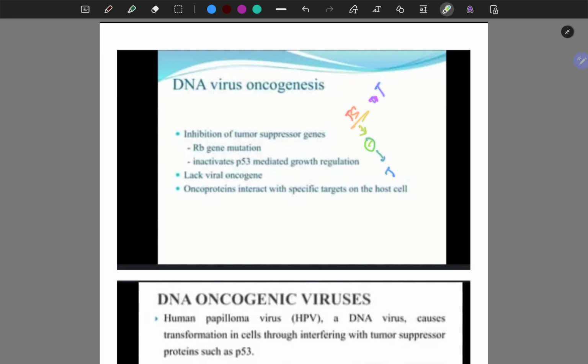If oncogene activation occurs, now tumor formation happens. So that's how inhibition of the tumor suppressor genes, which are the RB gene and p53 gene, and the viral oncogene, oncogene activation leads to tumor formation. Oncoproteins interact with specific targets on the host cells.